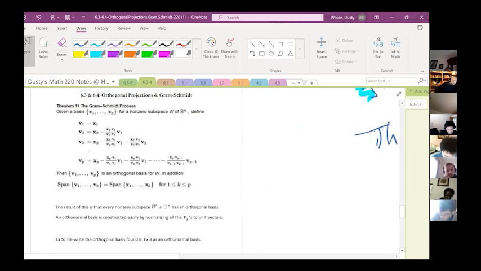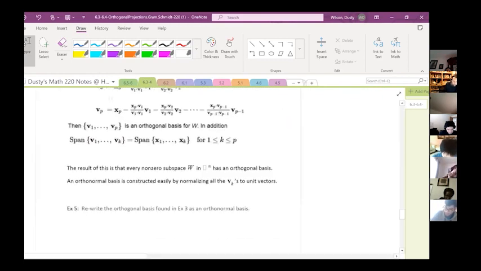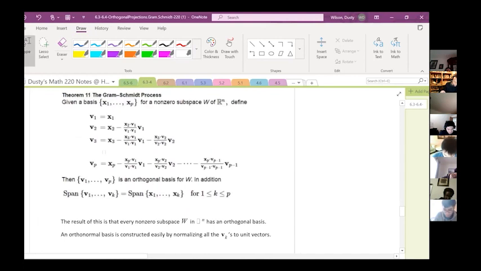So we just did a couple of examples using this Gram-Schmidt process, and this next theorem basically tells you what the process looks like. And you should now see what's going on. So your V1 is X1. Your V2 says, start with your X2 and then subtract out all the bad part of X2, and that'll give you your new V2.